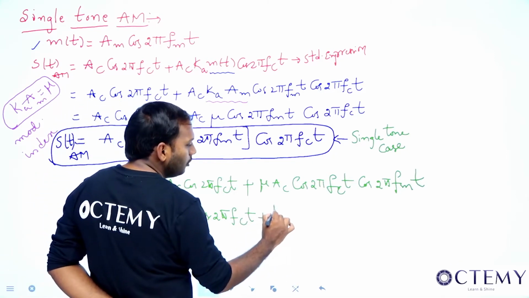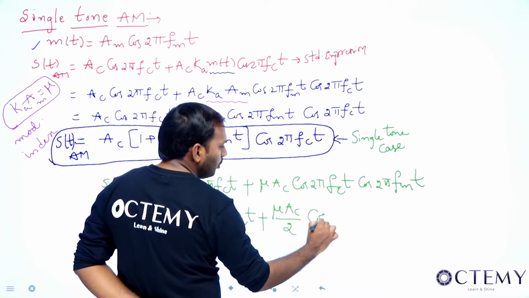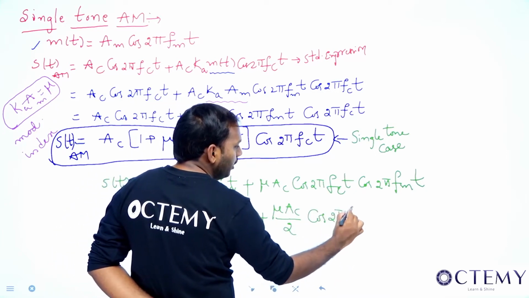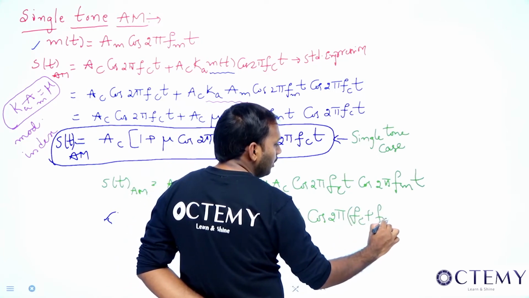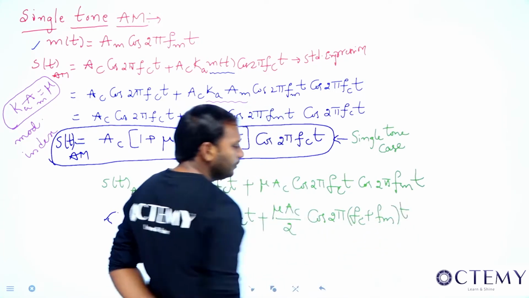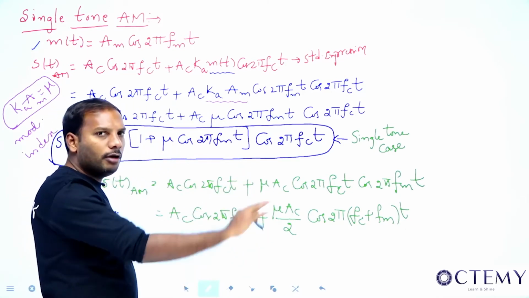So you have mu Ac by 2 cos 2 pi (fc plus fm) t. I have multiplied with 2 cos A cos B, using the formula.